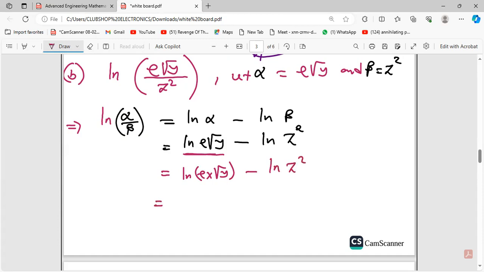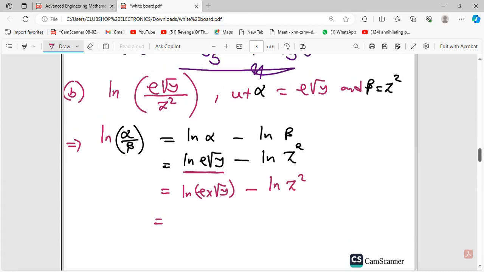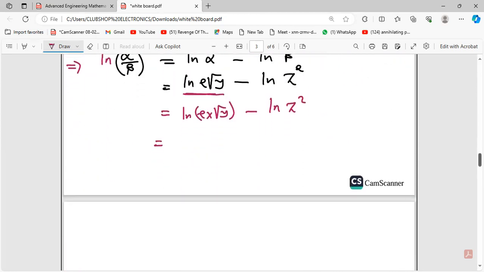So now, by the first property, this will be the natural log of e plus the natural log of square root of y minus, since there's a power, we drop the power, 2 natural log of z. The power disappears like that.